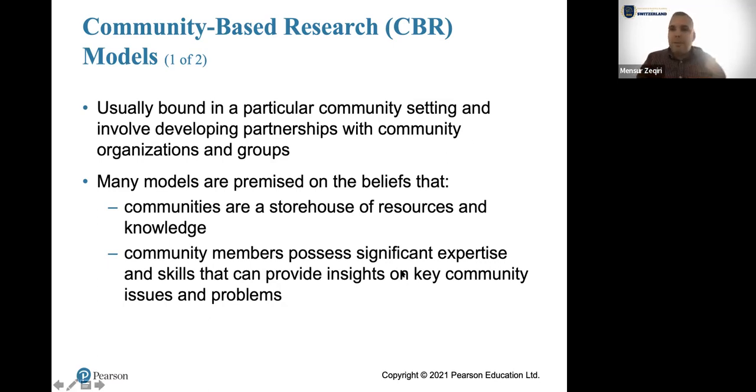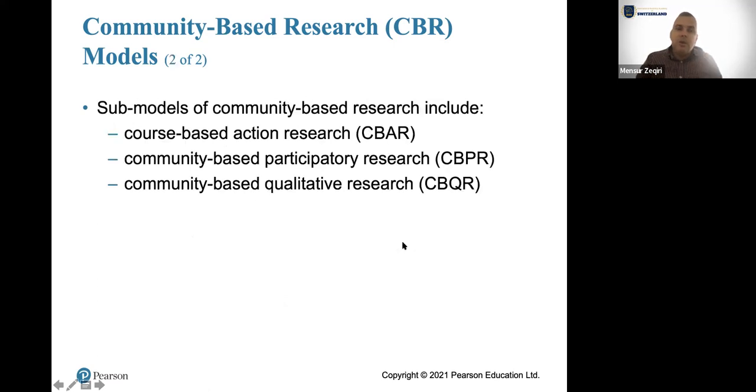issues and problems. And then based on these insights that we get from these community members, we can develop a plan, a strategy on how to solve those community-based issues. We have different types of sub-models of community-based research.